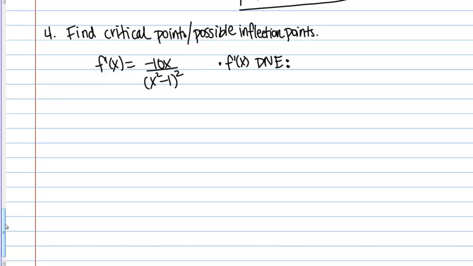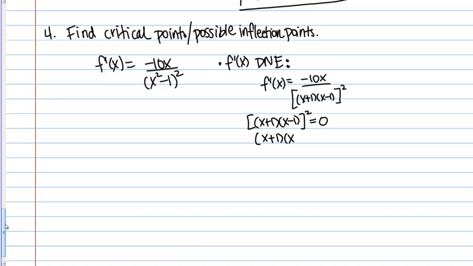I can also write this as f prime of x equals negative 10x over ((x plus 1)(x minus 1)) quantity squared in the denominator, if I just factor that back how it was originally. In general, a rational function like this does not exist when its denominator equals 0. So we can just take that denominator and set it equal to 0. Okay, so we end up with (x plus 1)(x minus 1) equals 0. So we get solutions of x equals 1 and x equals negative 1.